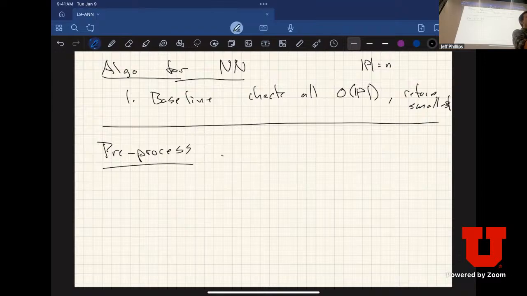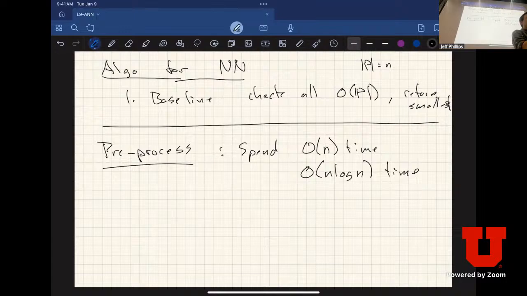I'm going to spend either O of n time, so asymptotically roughly linear time, or maybe O of n log n time, something near linear time, to build a data structure.